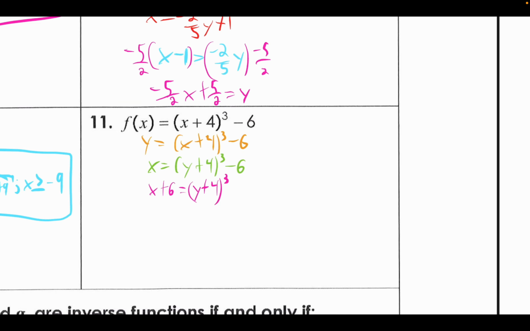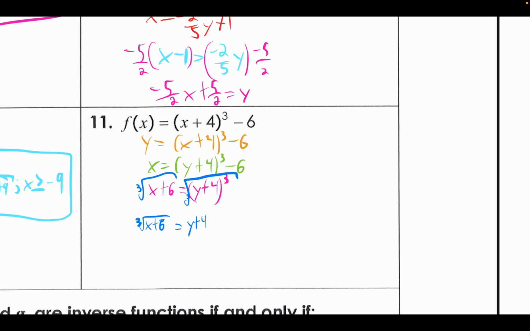Then we learned in unit 6, section 6, just last section, that we would cube root both sides to undo the cube. So that would give me the cube root of x plus 6 equals y plus 4. The reason you don't get positive negative here is because you don't have positive negative when you do an odd root.